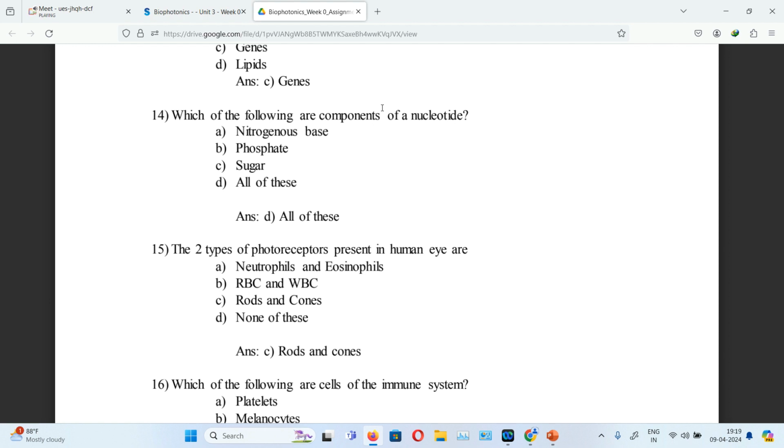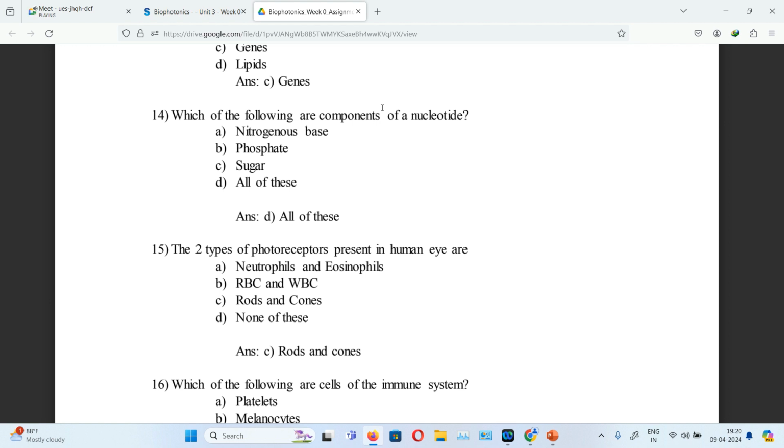Rod cells actually help us see in a limited amount of light, and they are used to see black and white. The perception of black and white images is given by the rod cells, and they are rod shaped cells containing a pigment called rhodopsin.